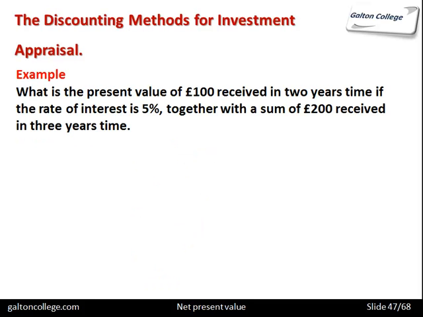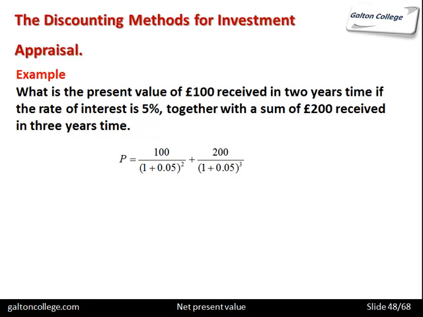What is the present value of £100 received in 2 years' time if the rate of interest is 5%, together with a sum of £200 received in 3 years' time? A bit more complicated. Well, that's the calculation.